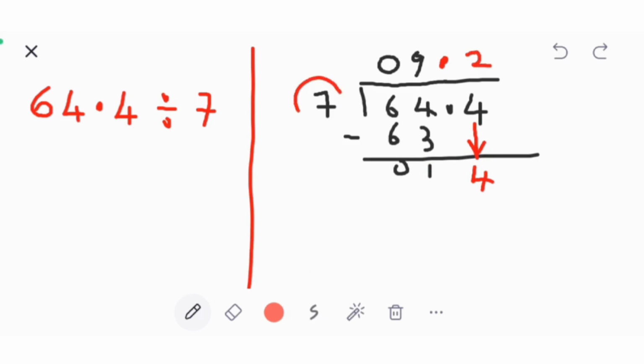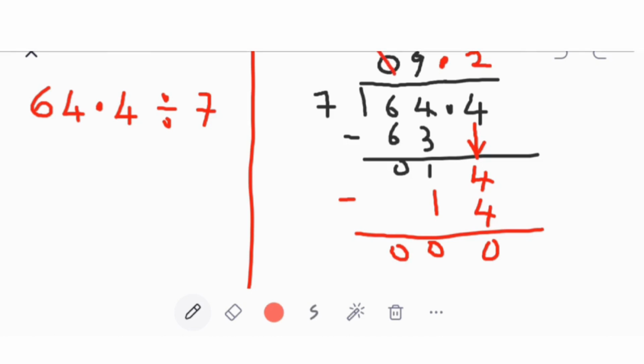Then you multiply 7 times 2. That gives 14. You write at the bottom. Then when you subtract, 4 minus 4, you have 0. 1 minus 1 is 0. Then 0. Now the 0 that you have in the answer has no value, so you can cancel it. So that the final answer becomes 9.2.